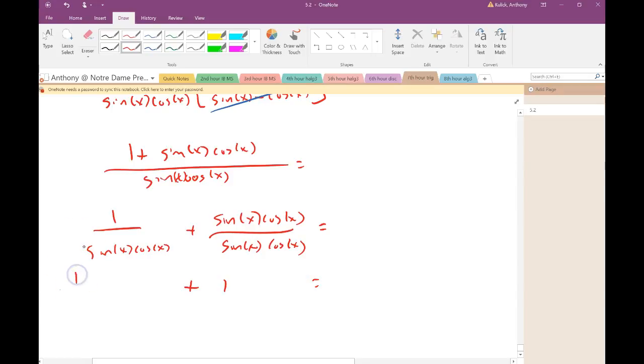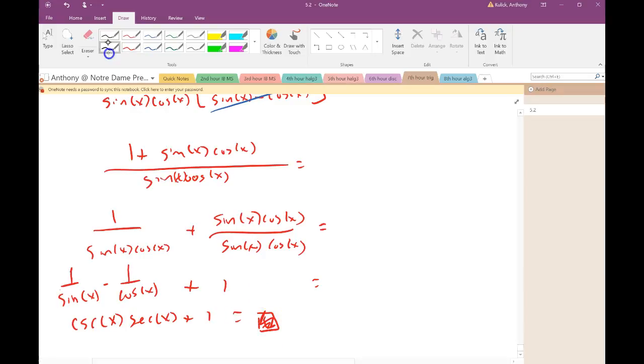So if I think about this first one as 1 over sine x times 1 over cosine x. There's my answer. TGIF. That was horrible. Way beyond the scope of something I'd expect you guys to be able to reproduce in a test setting.